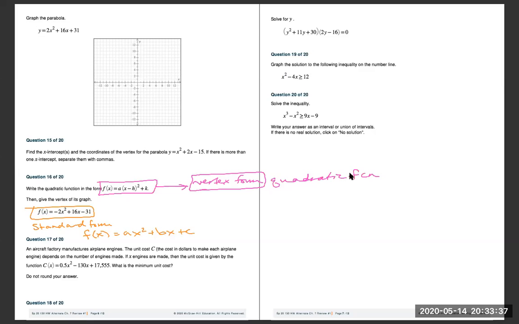Okay, so what you're being asked to do here, to write your quadratic function in this form, that means you need to complete the square, to go from standard form to vertex form.